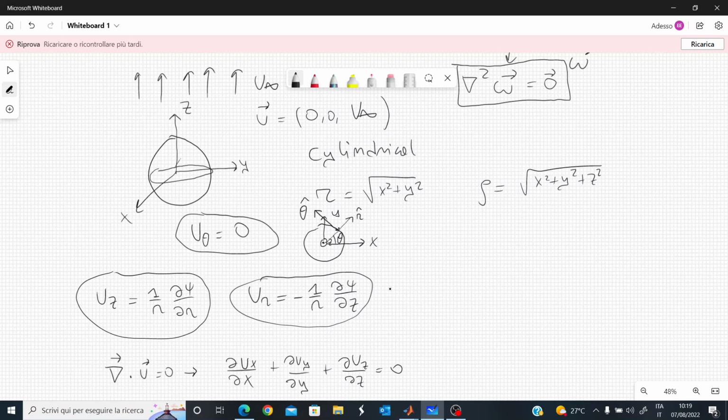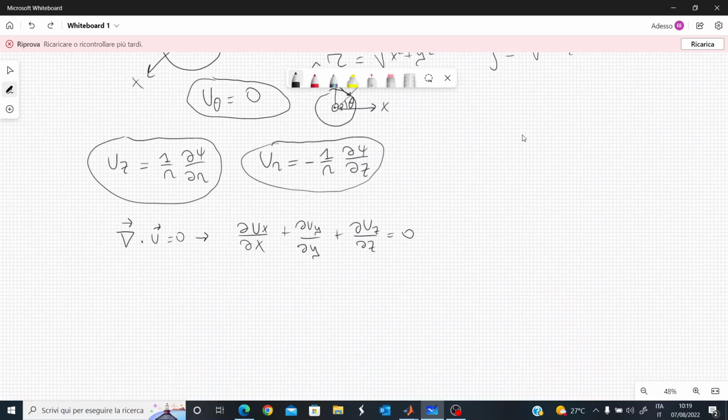Now, in order to see if this condition is satisfied, also in cylindrical coordinates, we have to rewrite the divergence in cylindrical coordinates. So that's important. And let's try to understand if indeed the divergence of u is 0, because we must satisfy this condition. But first we have to transform our divergence into cylindrical coordinates.